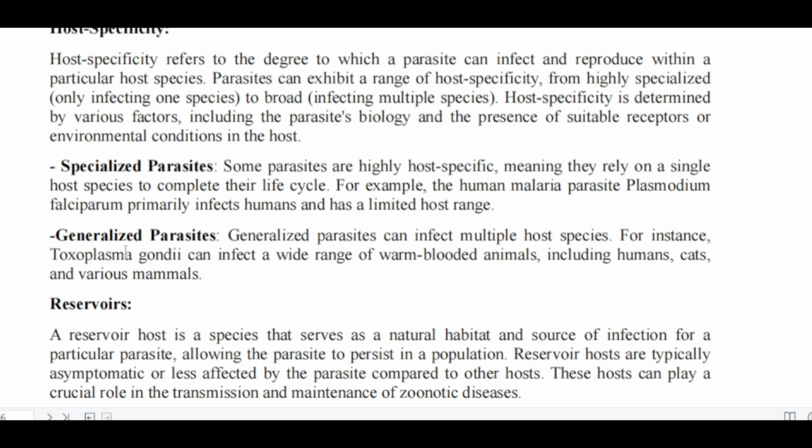Now, a generalized parasite can infect multiple host species. For instance, Toxoplasma gondii can infect a wide range of warm-blooded animals, including humans, cats, and various mammals.